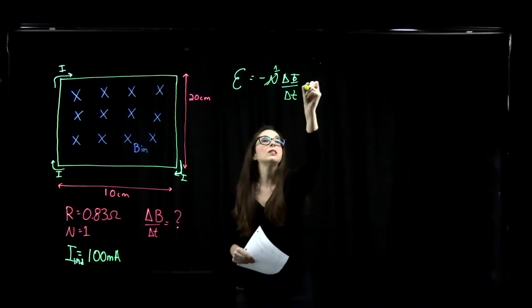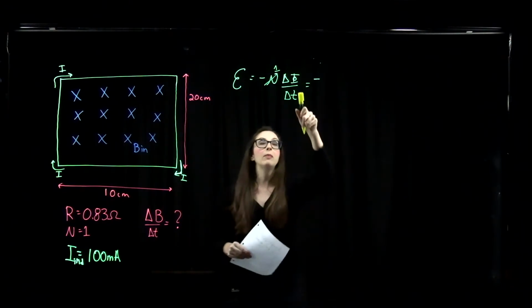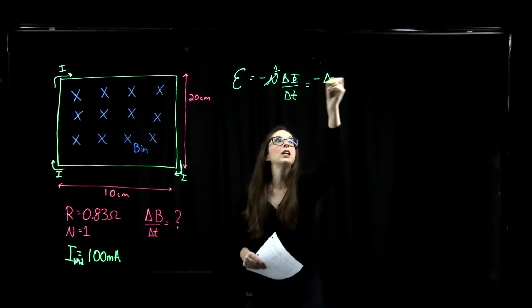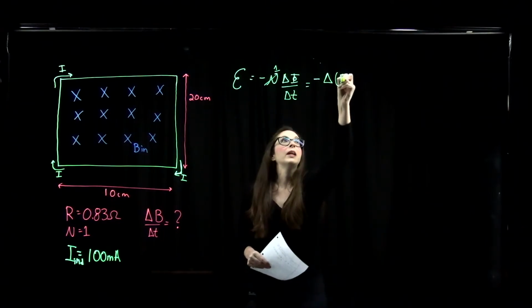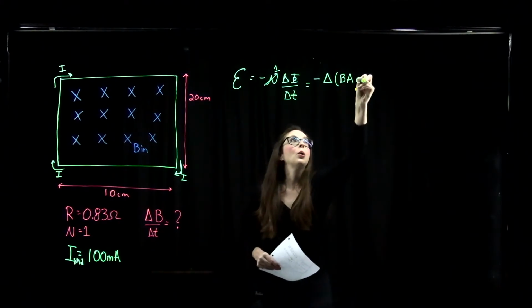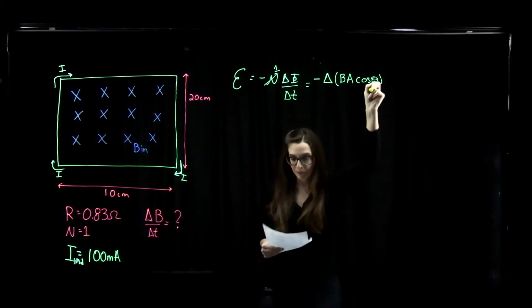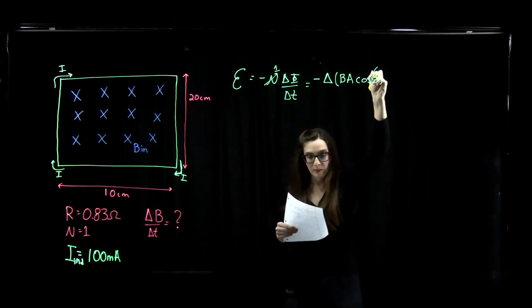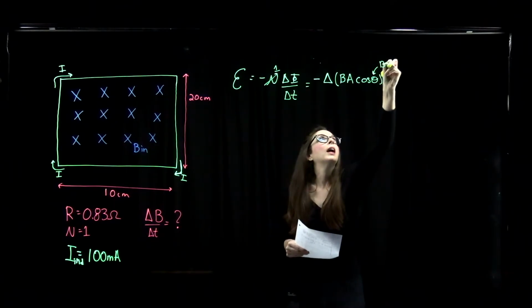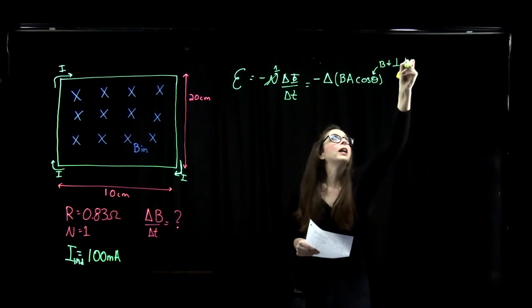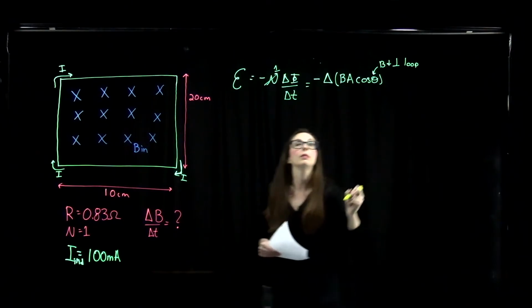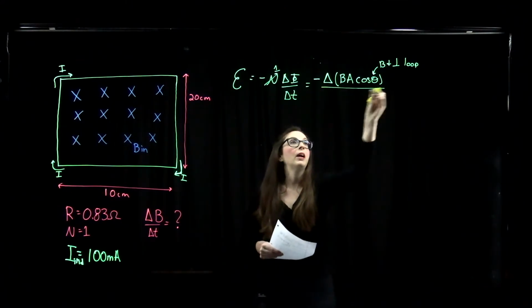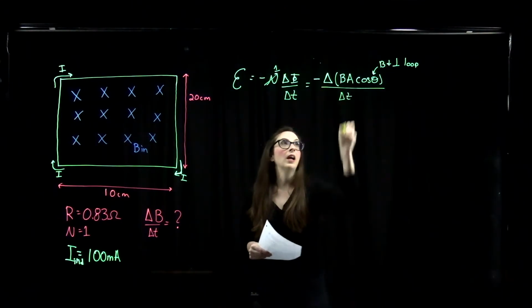So this is minus the change of my magnetic flux. The magnetic flux is BA cosine theta, and this angle theta is the angle between B and the perpendicular to the area of our loop. Then we divide that by the change in time.